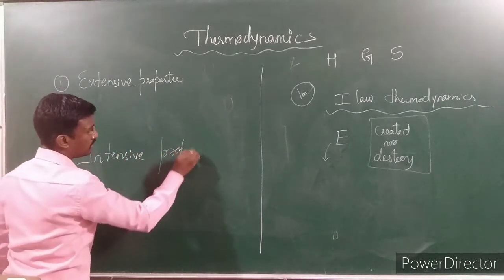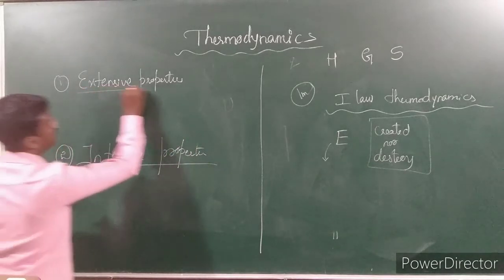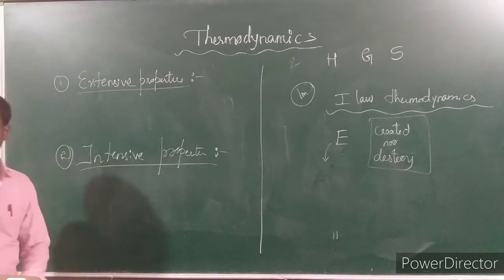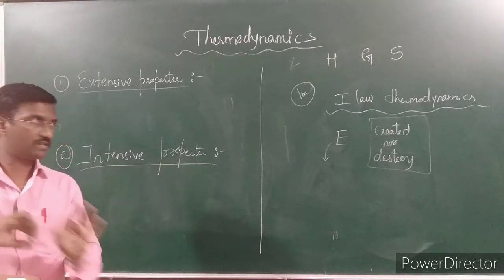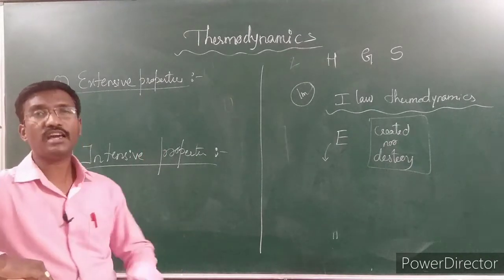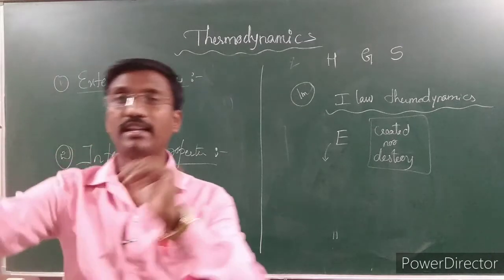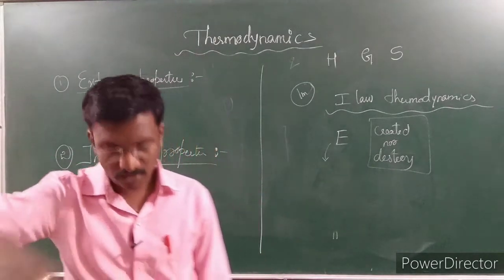Here these are some properties which are differentiated or explained on the basis of the mass of the system. Some of the properties depend on the matter, meaning how much matter is present. If the matter is variable, then it is called some kind of property.